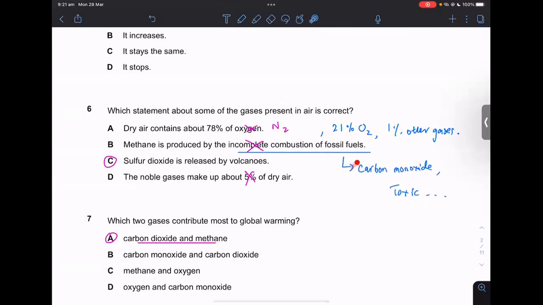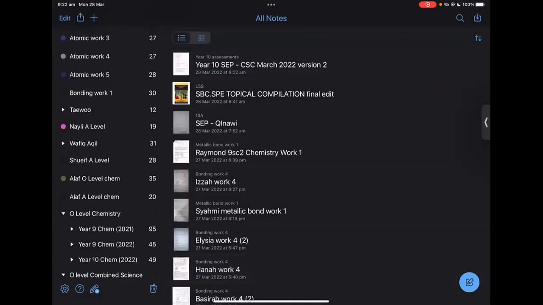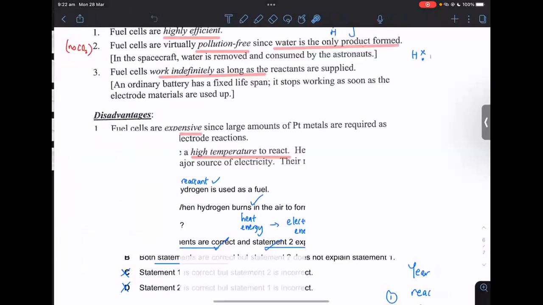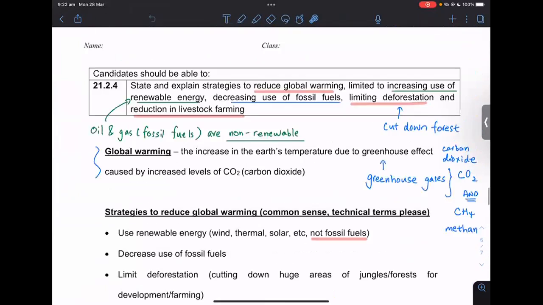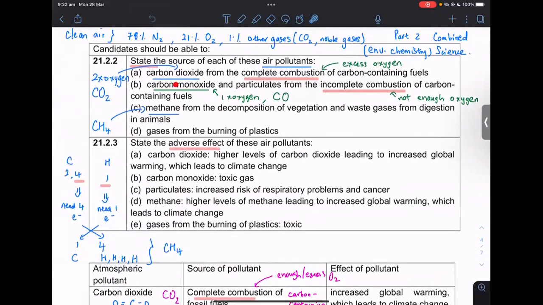But then it just comes down to the syllabus where they say carbon monoxide is toxic. Let me just show you where it is because people do not believe me when I told them that it is in the syllabus. And then people never really gone through the syllabus one by one. So this is under environmental chemistry. Where does carbon monoxide and carbon dioxide come from? You need to mention the carbon containing fuel.